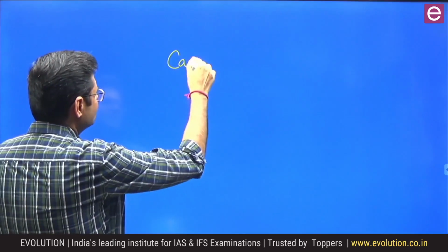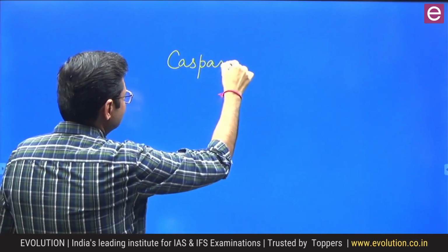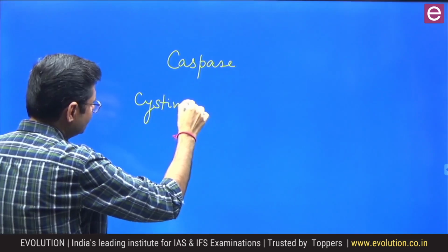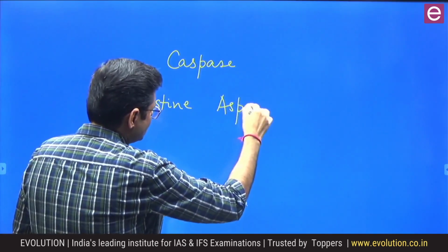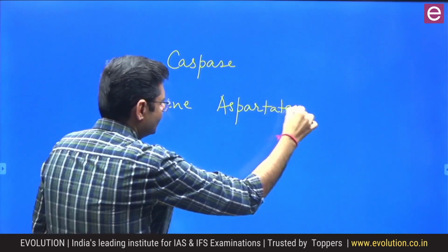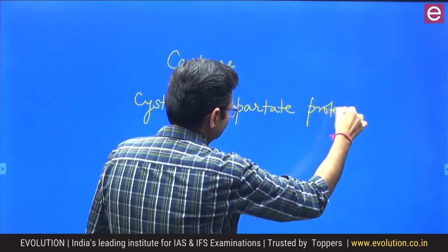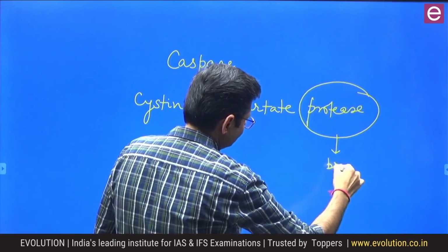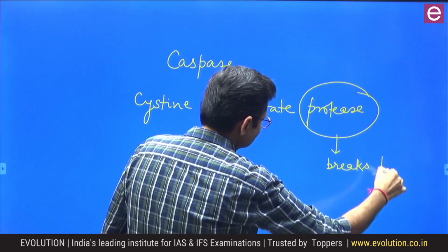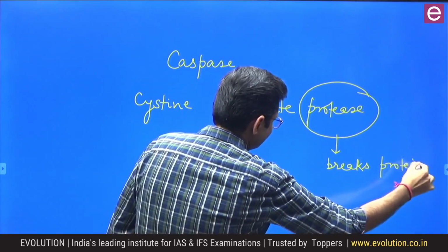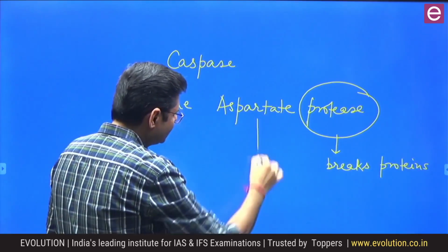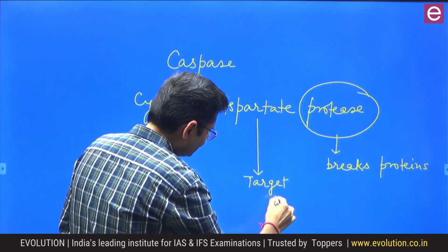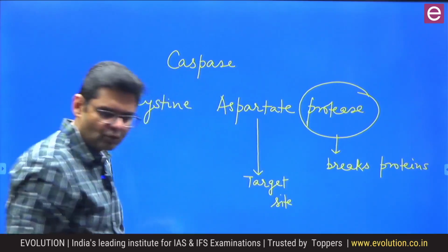So caspases are basically cysteine aspartate proteases. To begin with, it's a protease. It breaks proteins. Aspartate is an amino acid. Aspartate is located at the target site of protein breakdown.